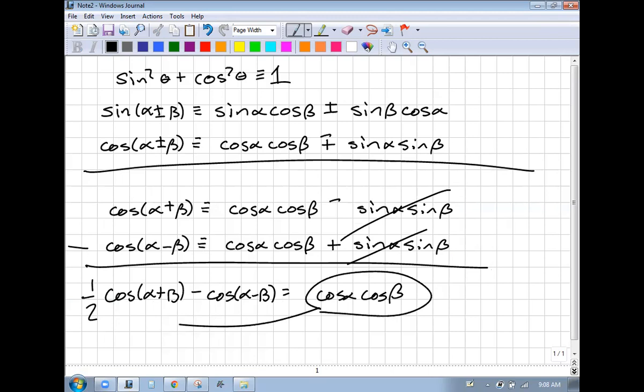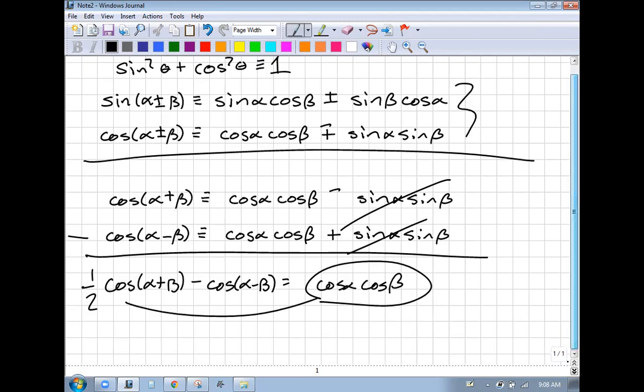Boom, you have product to sum. And you can do the same thing for all the different products, whether you want sine sine, cosine cosine, or sine cosine. It's the same trick, okay?